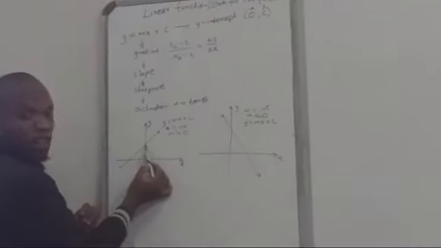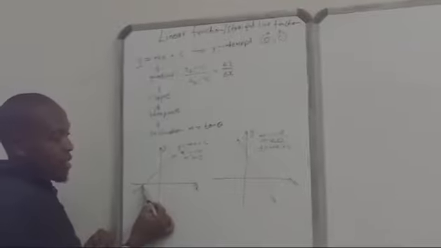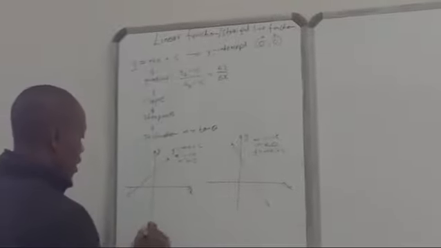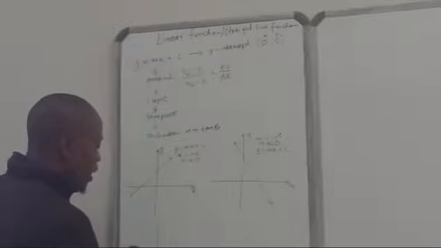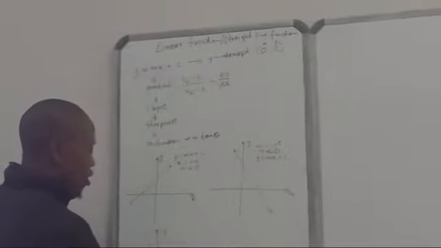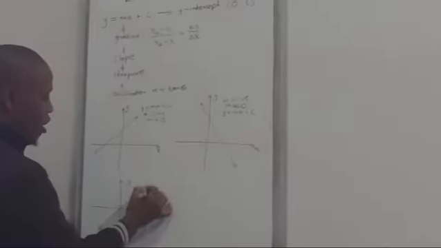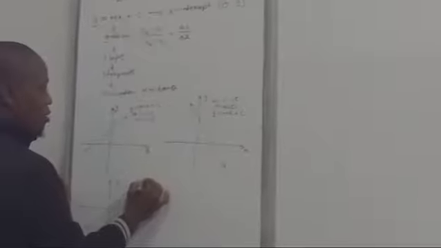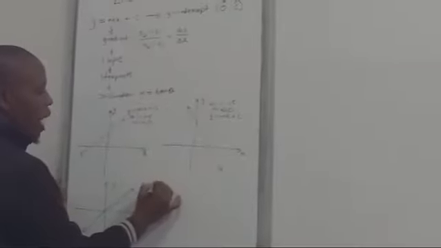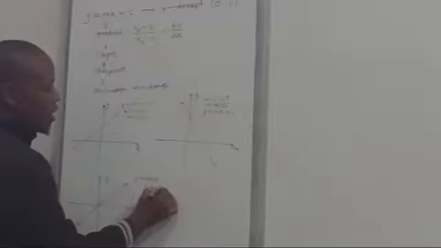And then when your line is going through the origin, it is defined by y equals mx, because c is 0.